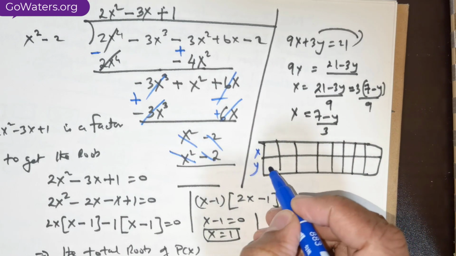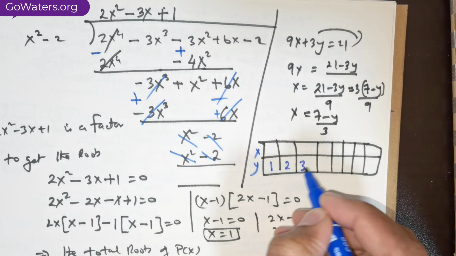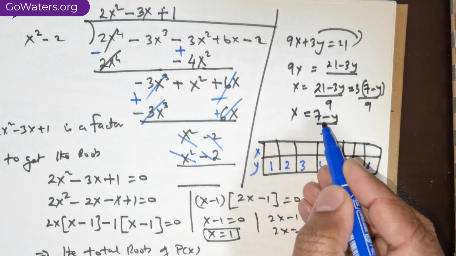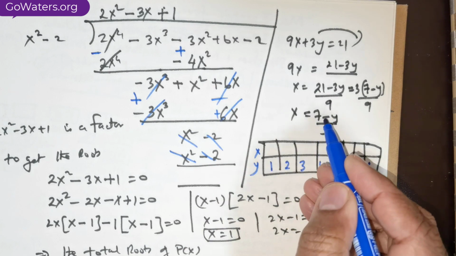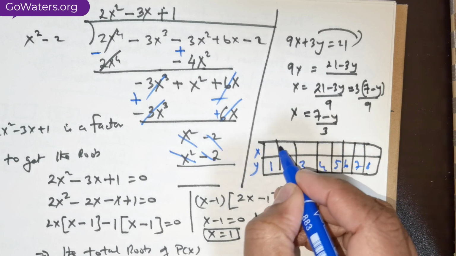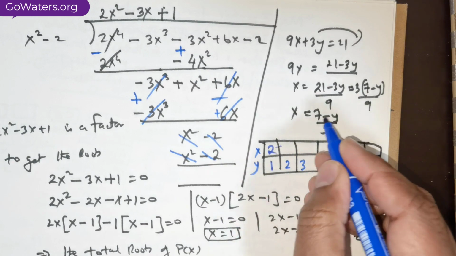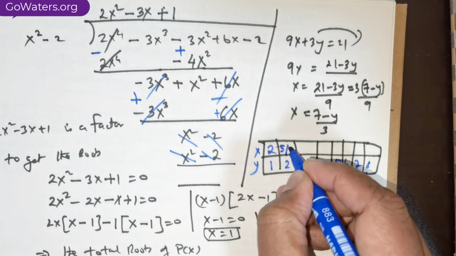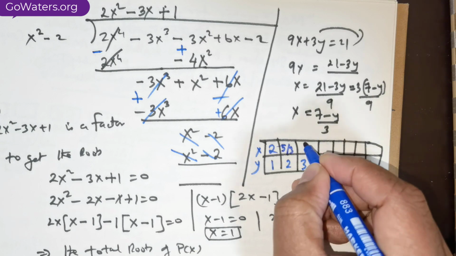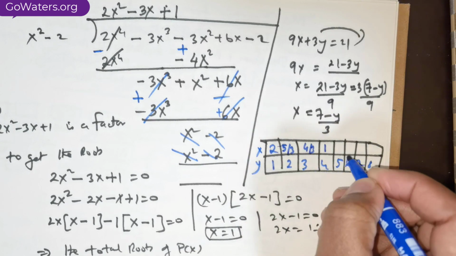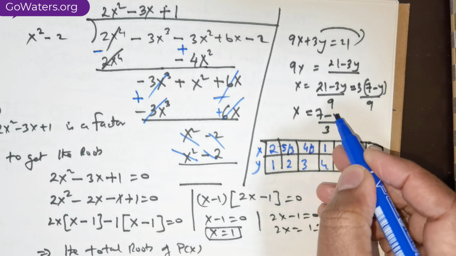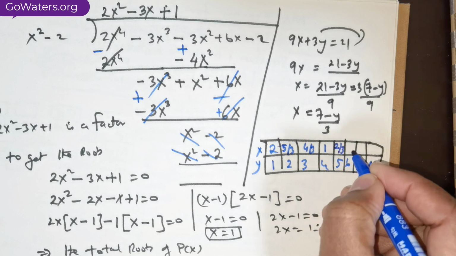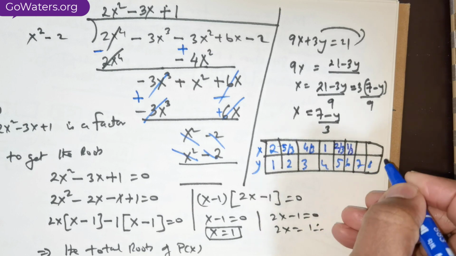I'm going to take values as 1, 2, 3, 4, 5, 6, 7, 8, and in this case substitute the value for y here. 7 - 1 is 6 divided by 3 will give me 2, and then 7 - 2 is 5 divided by 3, and then 3 is 4 divided by 3, and then 4 and 5. If I were to substitute 5, this is going to be 2 divided by 3, and substitute 6, it's going to be 1 divided by 3, and so on and so forth.